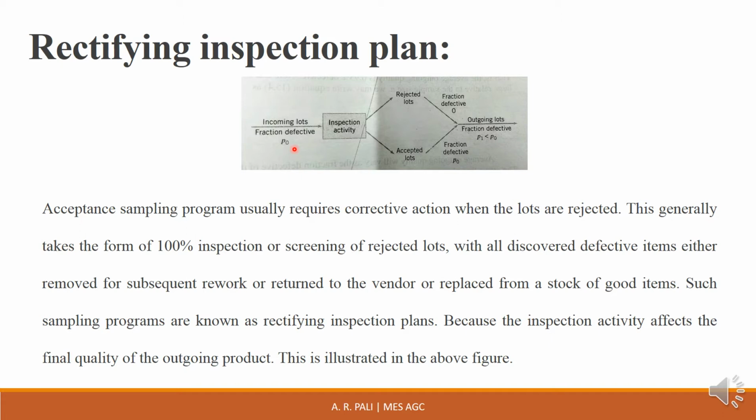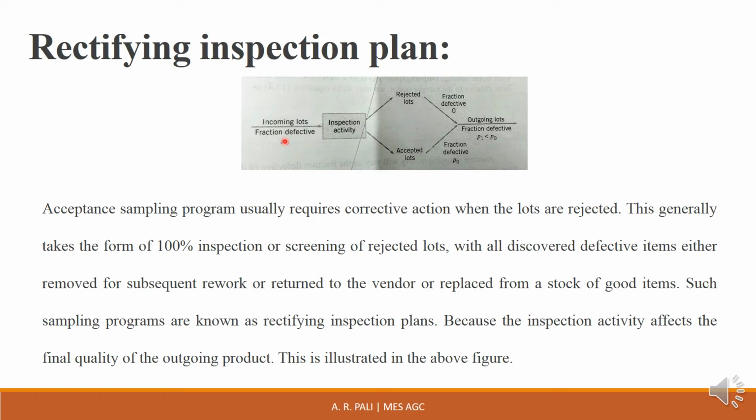So if a lot, for instance, is of size 1000 and there are 100 defective items in that lot, then the fraction defective will be 100 upon 1000.